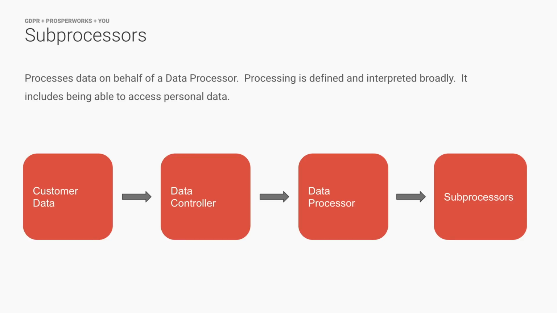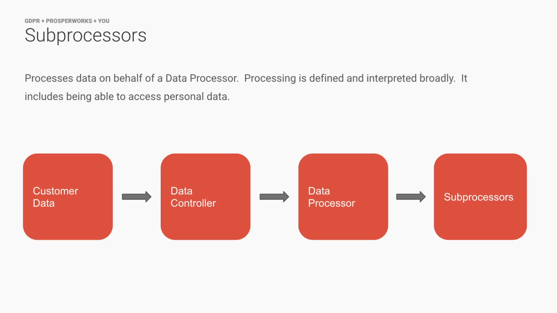Now, if you extend that concept to include all vendors that process data on behalf of a data processor, that's what a subprocessor is. And they include any technology we might use to touch, relay, or store that data. So an example at ProsperWorks is we use Amazon AWS to host our data servers. So AWS becomes a subprocessor for ProsperWorks.